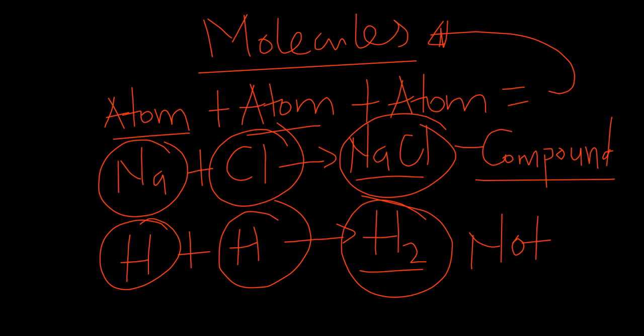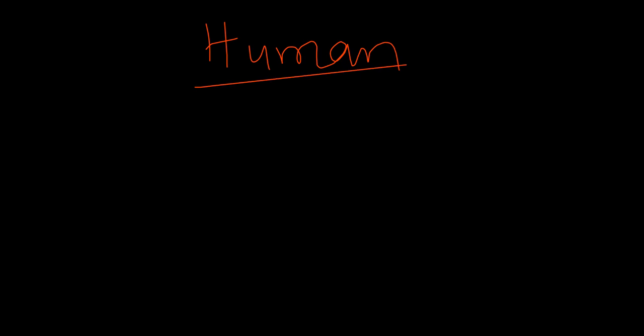So, let's take the human body as an example. Now, human body is matter. In fact, anything that exists on the surface of this earth, including the human body, is matter. Air, everything, absolutely everything that exists is matter.